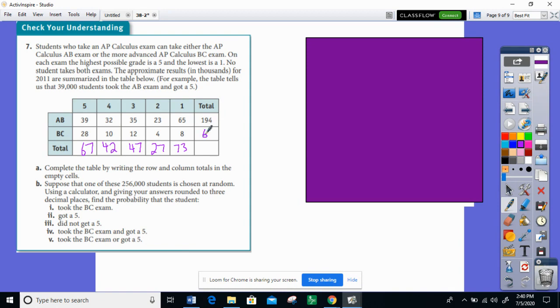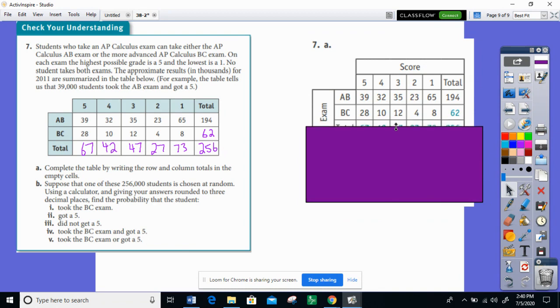So if you add those 5 values, you get 62. And then 194 plus 62 is 256, which is the same thing that we would get if we added 67 plus 42 plus 47 plus 27 plus 73. So here is the completed table. That matches up with what we wrote over here, just working it out on our own.